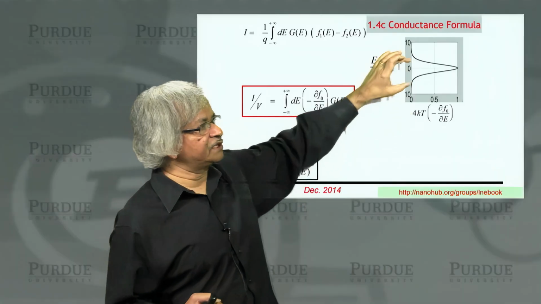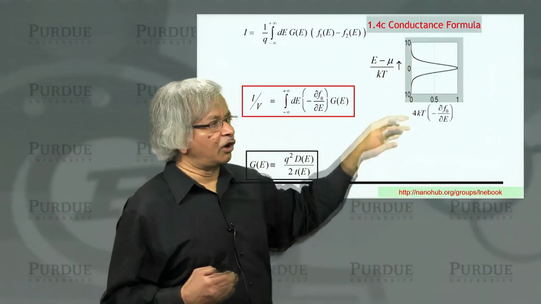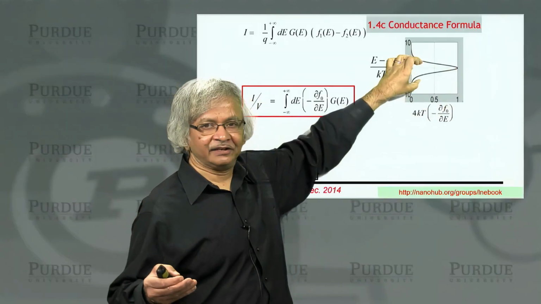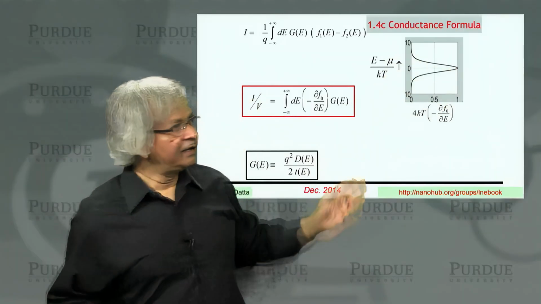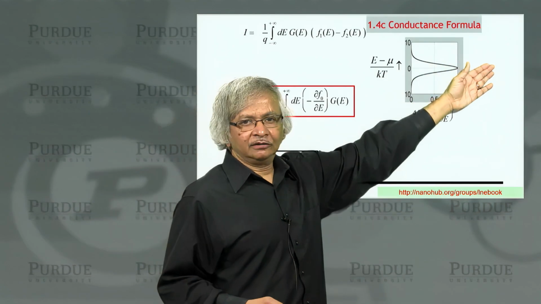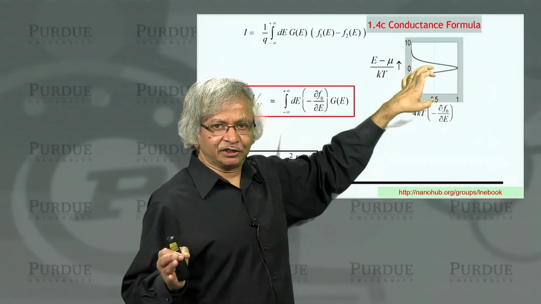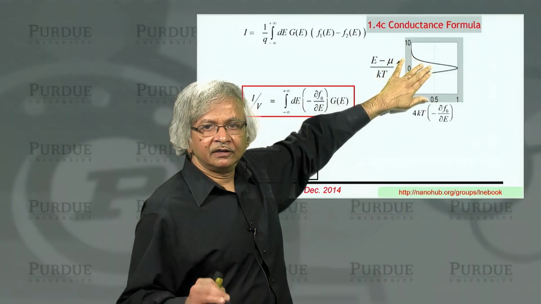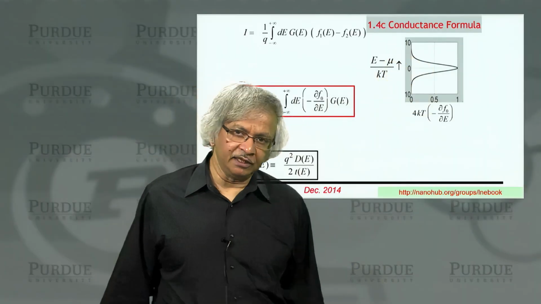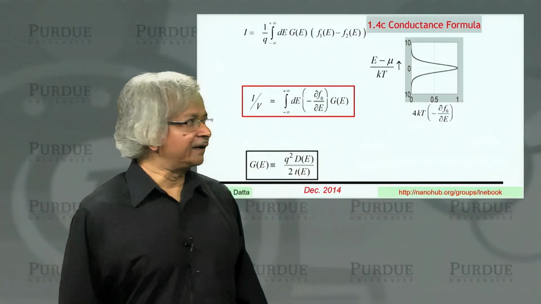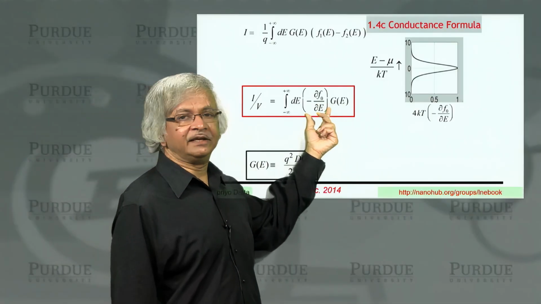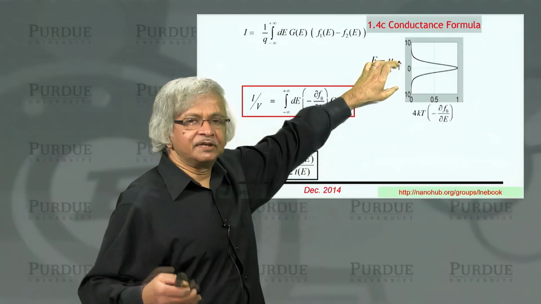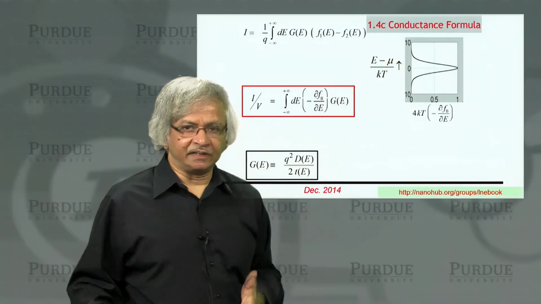Because at zero temperature, this function is very strongly peaked: the peak value is 1 over kT, and the width is kT. So as T tends to 0, it becomes infinitely tall and rather thin, like a delta function. In fact, what you can show is that the area under this curve is 1. Those of you who are familiar with delta functions will recognize that this quantity, del F del E, as you let the temperature tend to 0, actually becomes a delta function.